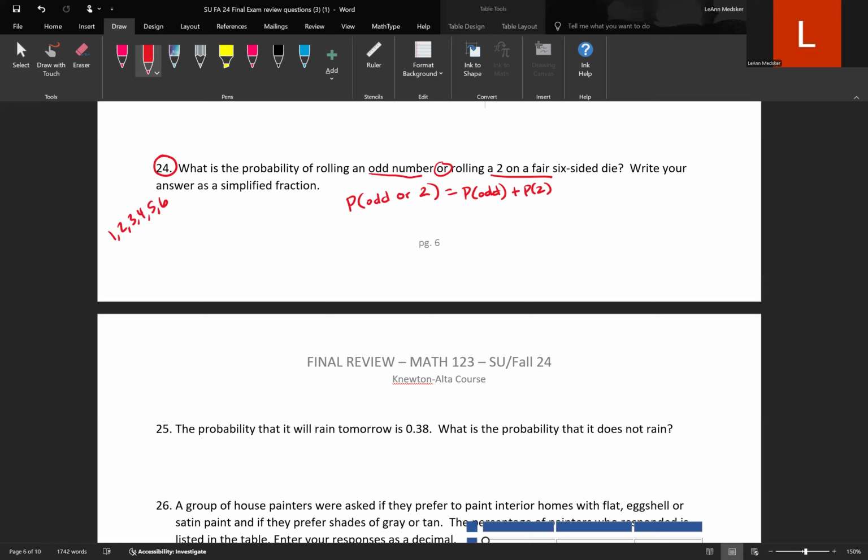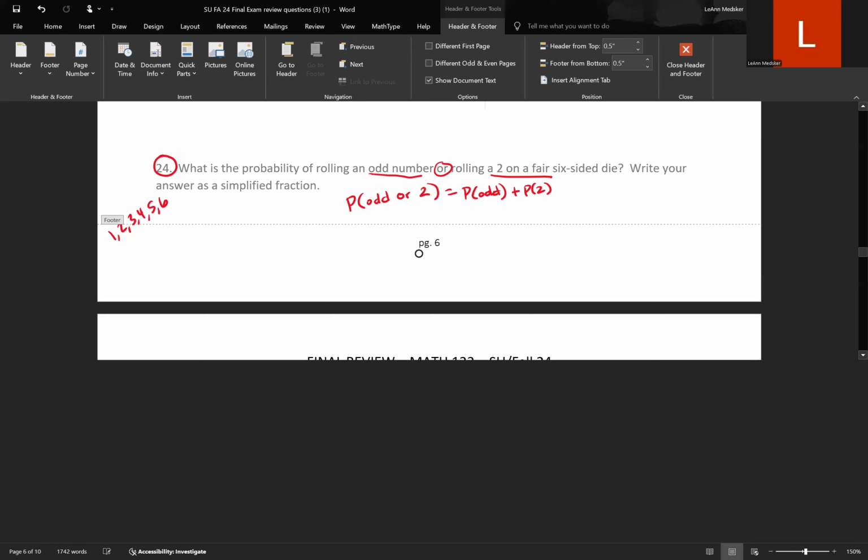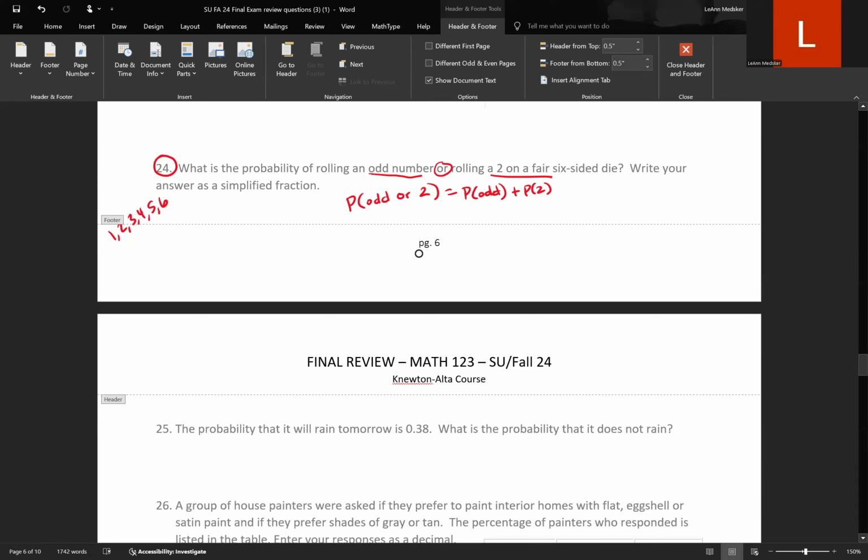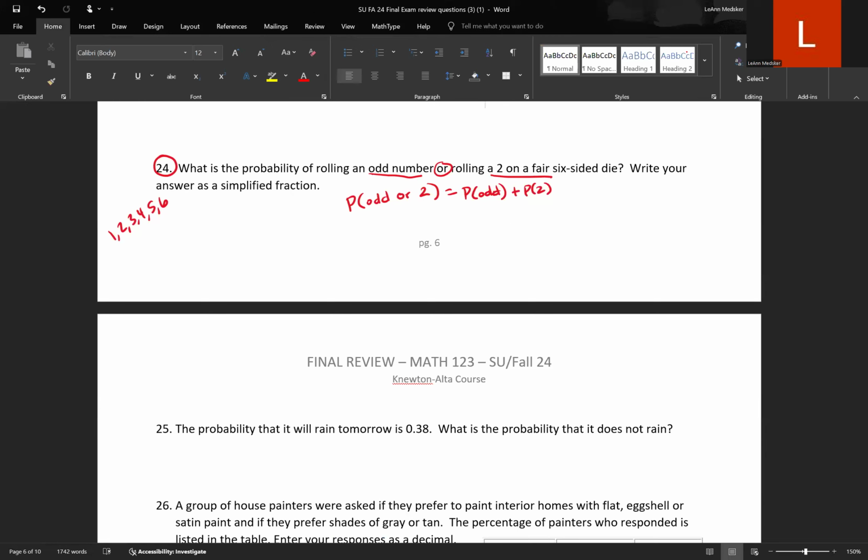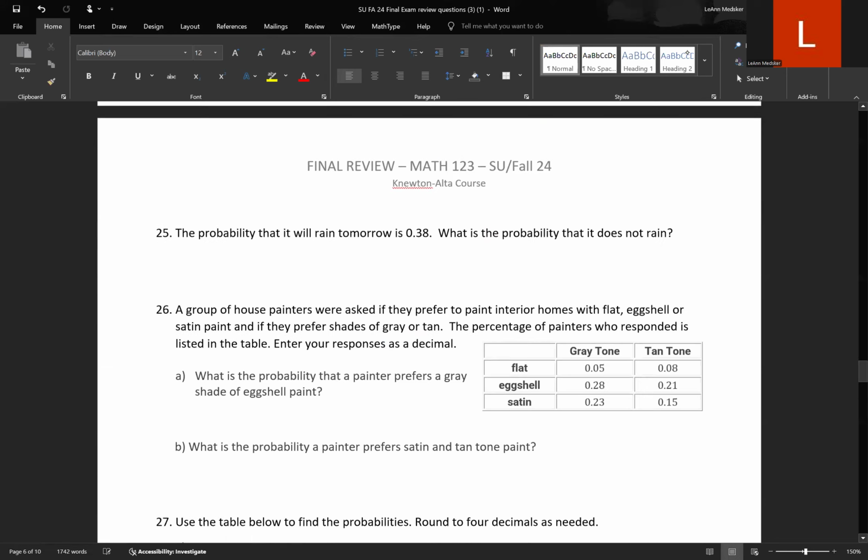So 2 is not an odd number. So you do not need the subtraction step unless they overlap each other. So this is just probability of odd plus probability of being a 2. So 3 out of the 6 numbers are odd. 1 out of the 6 numbers is a 2, so this is 4/6, which reduces to 2/3.